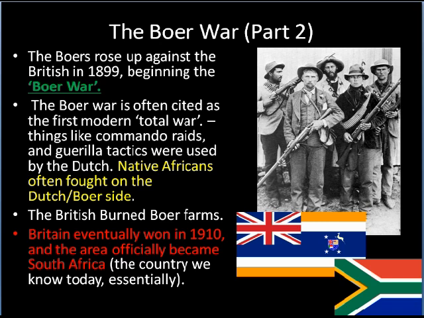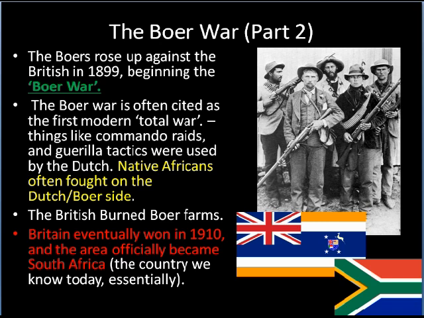The British were very harsh in their fighting of this war. They were known to have done things such as burn Boer farms, and they also imprisoned women and children in disease-ridden concentration camps. So let us not think that this was your typical European war. This is really what we would understand as a total war. Nothing is sacred. They are fighting against each other very, very contentiously.